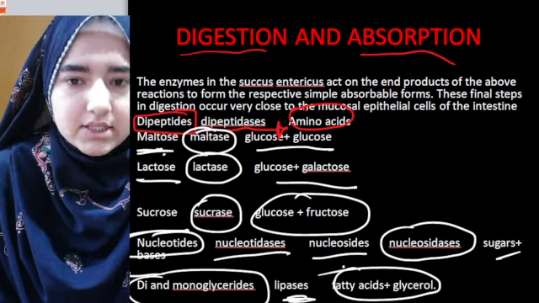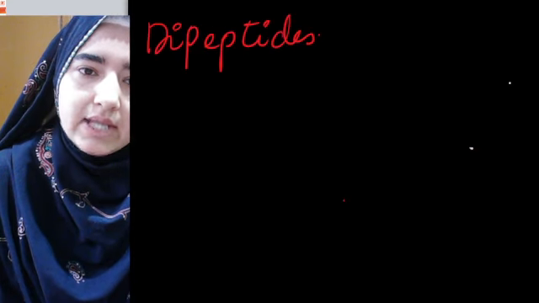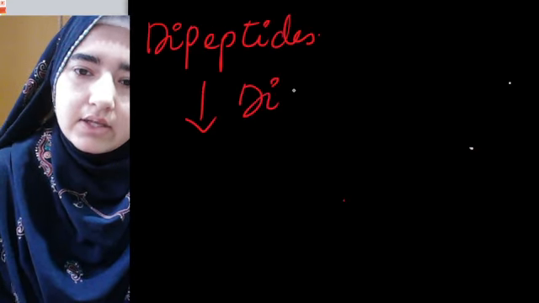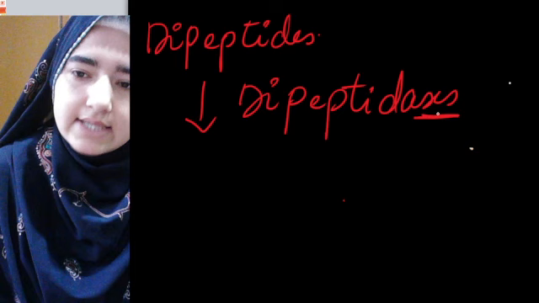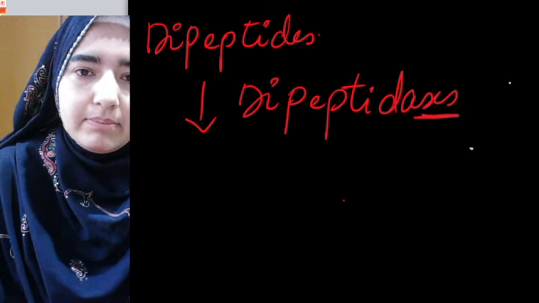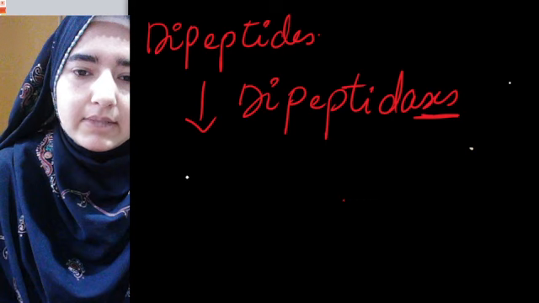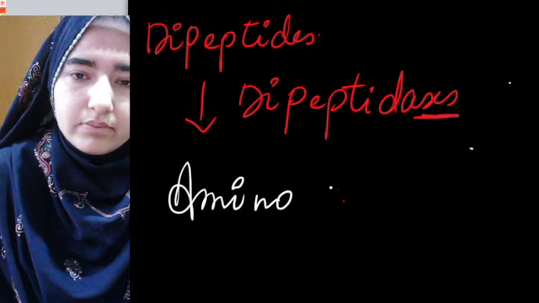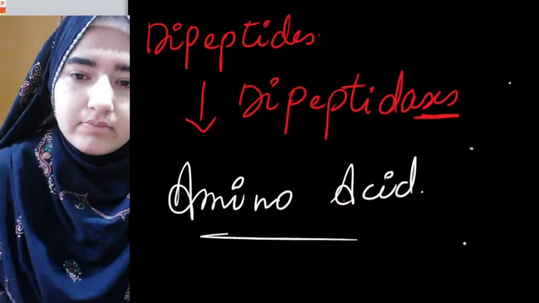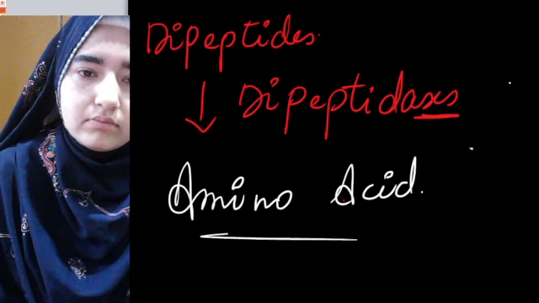Okay, I am repeating. First of all, you have to remember that in our previous session, the final product of protein was dipeptides. Now, dipeptidases, usually enzymes have 'ase' as a suffix. Dipeptidases act on dipeptides, thus giving what? Amino acids, the building blocks of proteins. That means the smallest particle of protein.